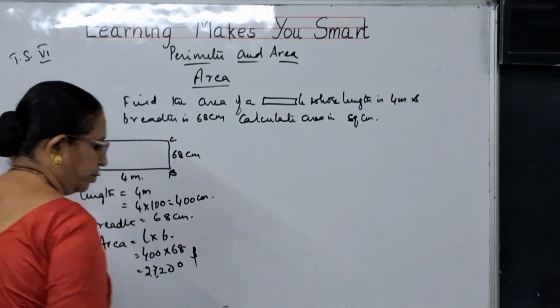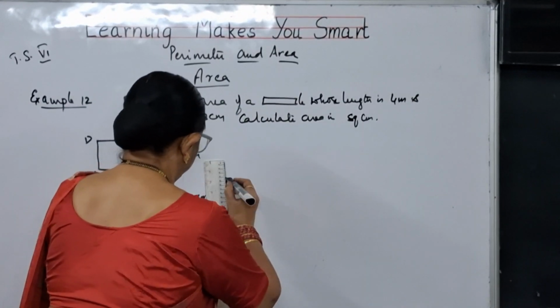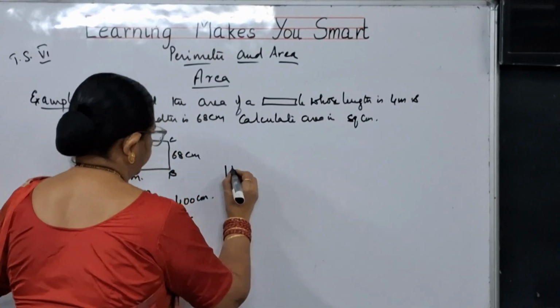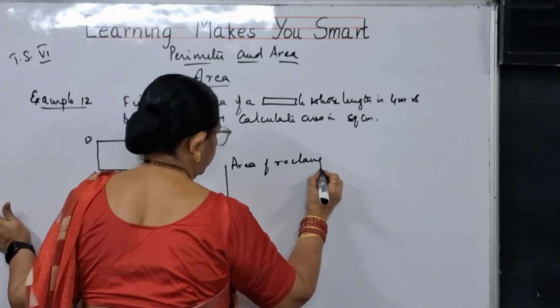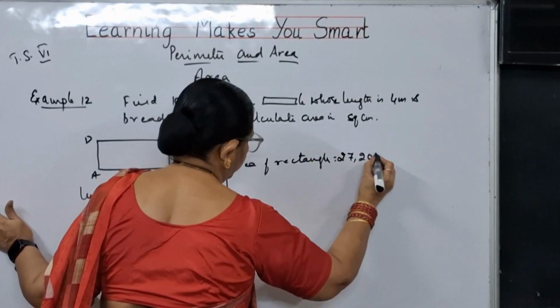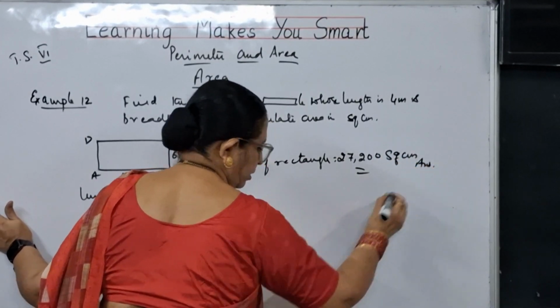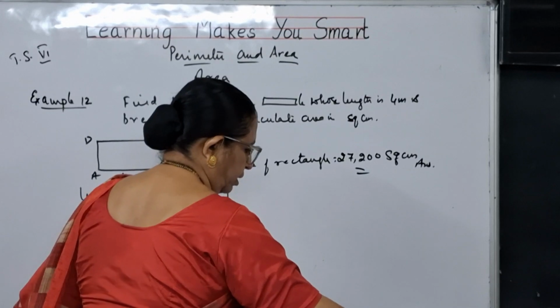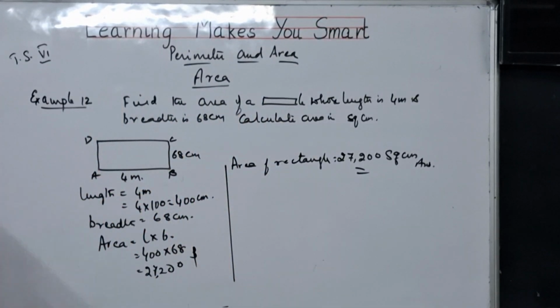So the area of the rectangle is equal to 27,200 square centimeters. This is the answer, children. Since he has asked in square centimeters, we are doing it in square centimeters. It is the 12th one. Please copy. We'll do the next one.